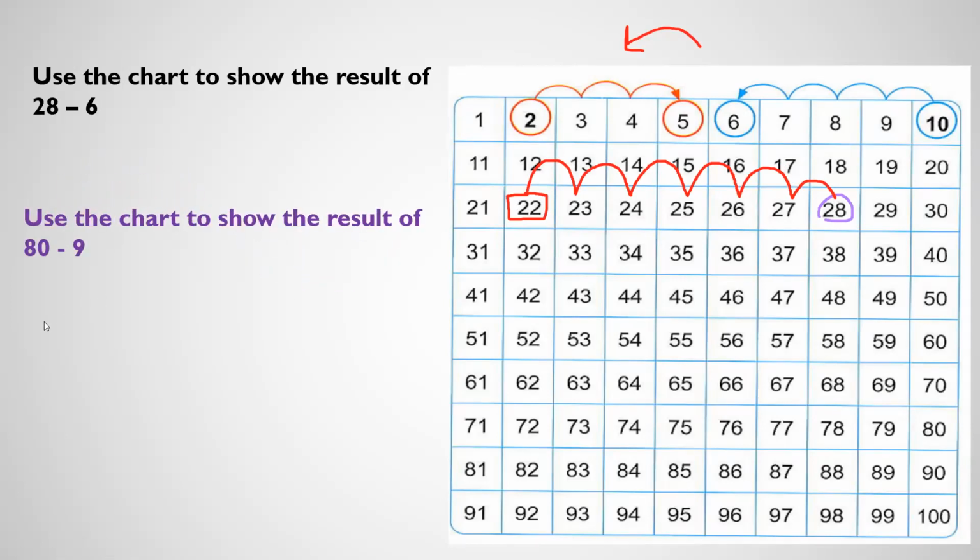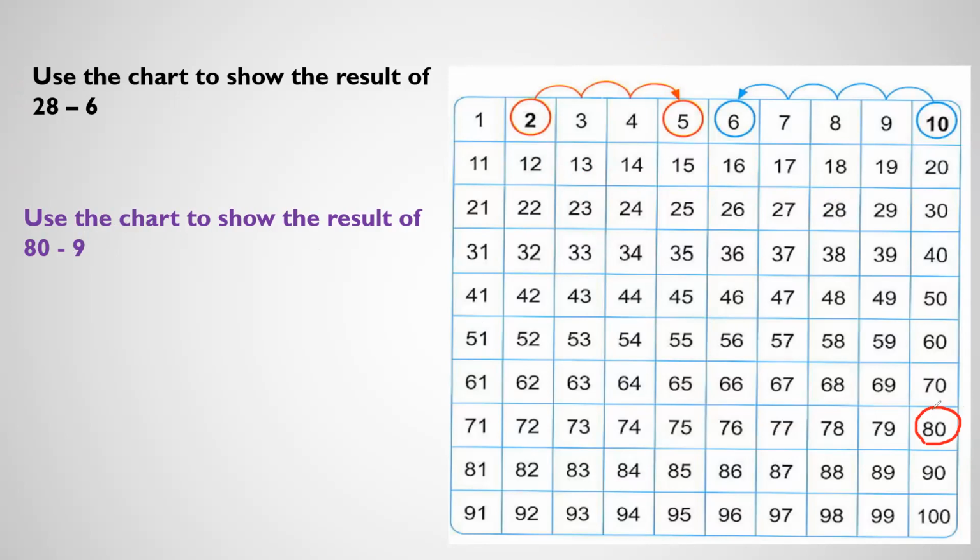Can you solve this with me? Use the chart to show the result of 80 minus 9. So we are going to go and search. Where is 80? Yes, here it is. So stop on 80. And as we said, minus means going back. We are going to jump back how many steps? 9.